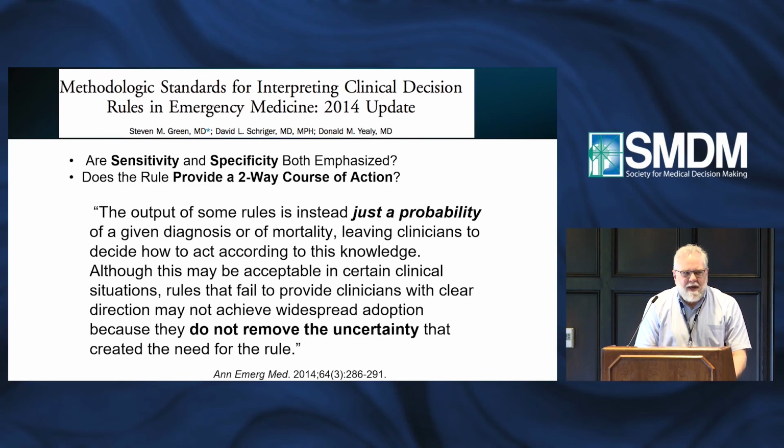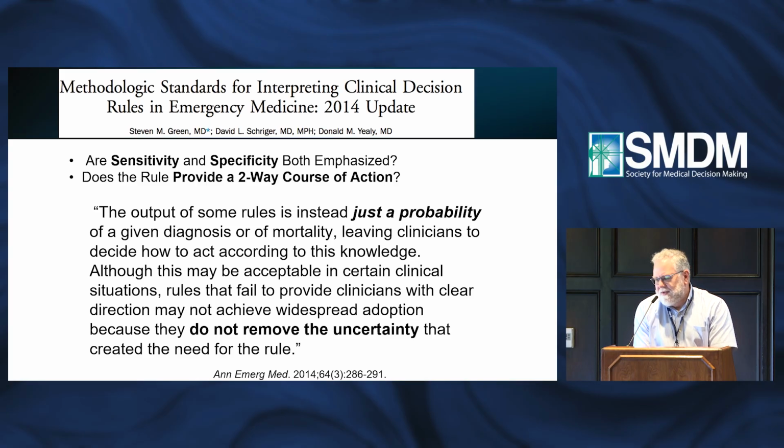So this was a paper I should have written a letter to the editor about, and I think it will cause some consternation in members of this society. So this was an argument for the 2x2 table, and it's held out. The title implies that it's a methodologic standard that output of some rules is just a probability of a given diagnosis, leaving clinicians to decide how to act according to this knowledge.